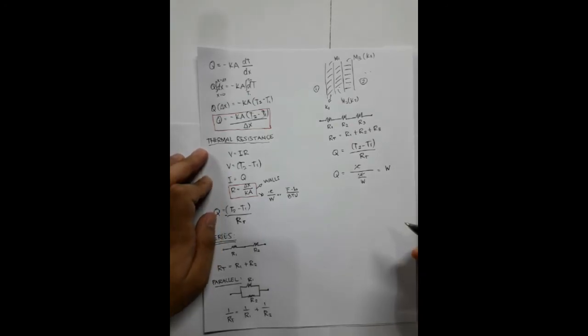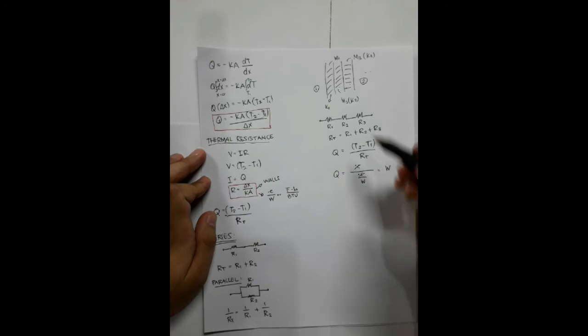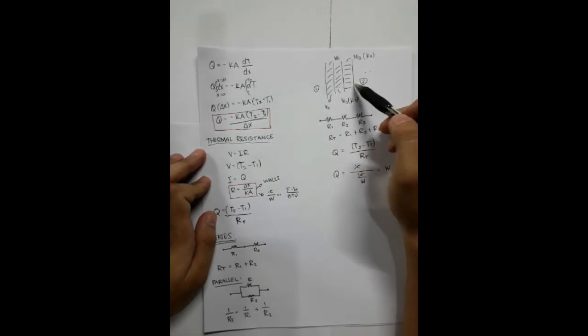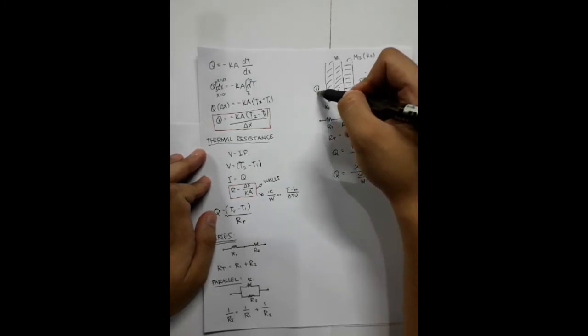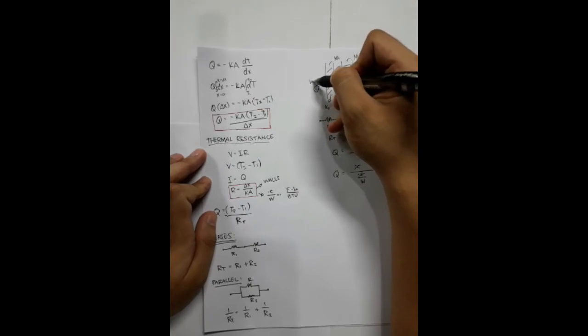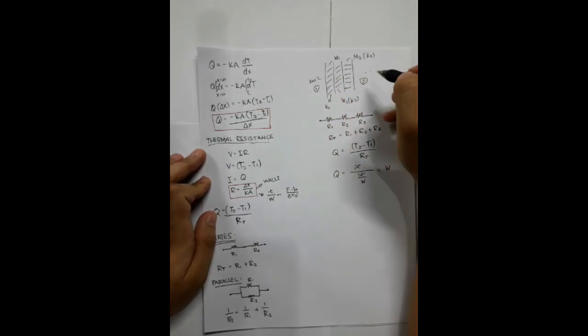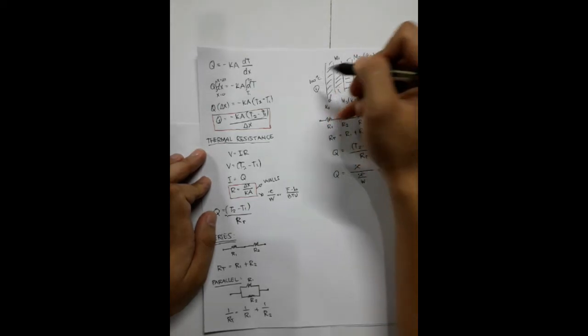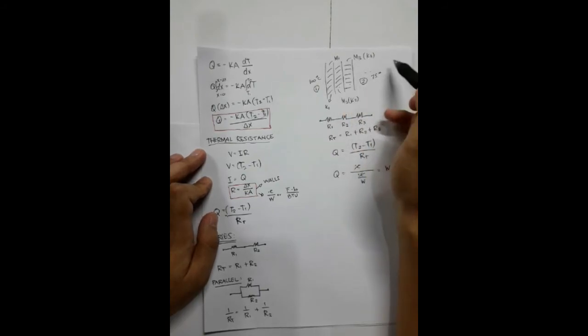So, basic concept ulit. Paano nga ba nagkakaroon ng heat transfer? Kakaroon ng heat transfer pag meron tayong temperature difference. Say for example, this wall ulit, ang temperature natin dito is 100 degrees Celsius, tapos dito is 75 degrees Celsius. So, ang heat natin is nagta-transfer from hot region to cold region.